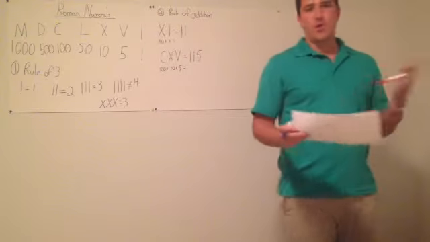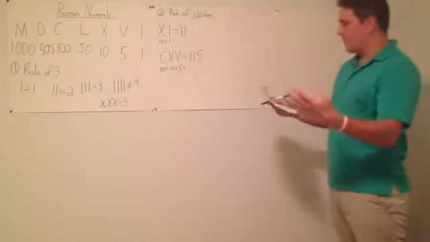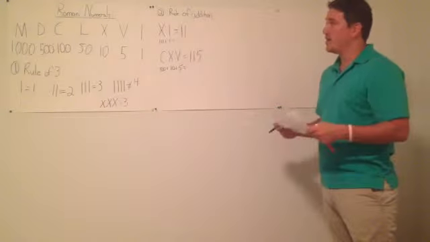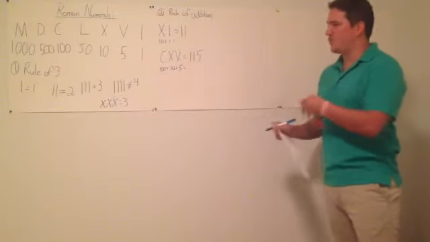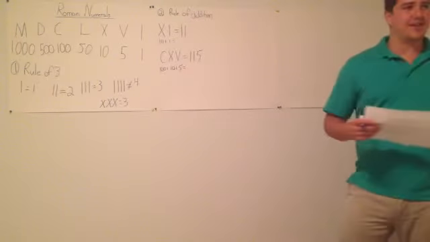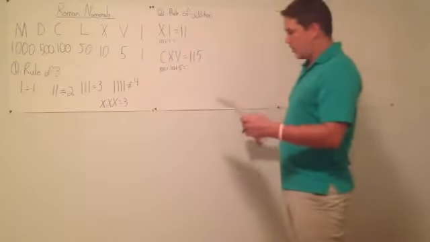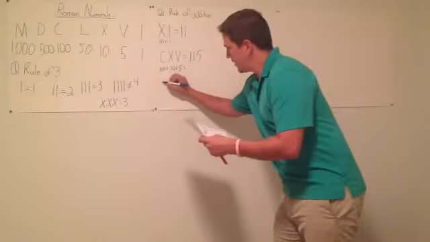I'm going to go over one more with 4 or 5 different symbols in there. We'll get a hang of that, and then we'll go over our last and final rule. So, let's see.